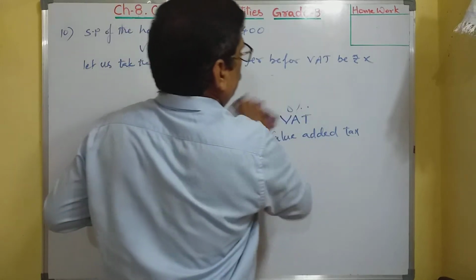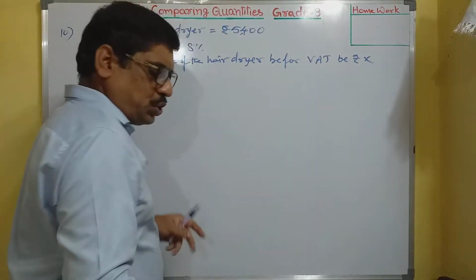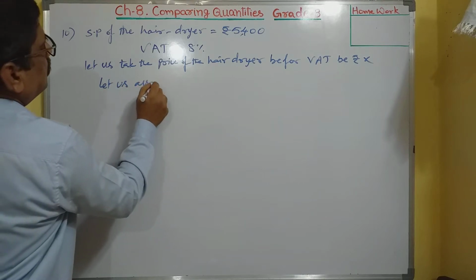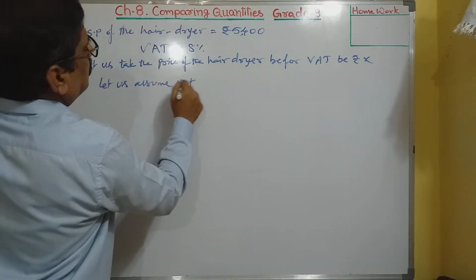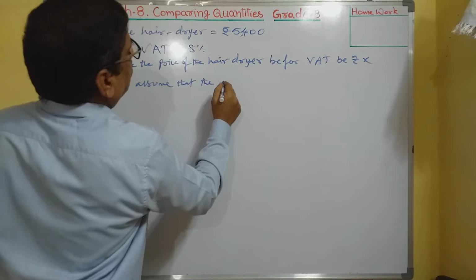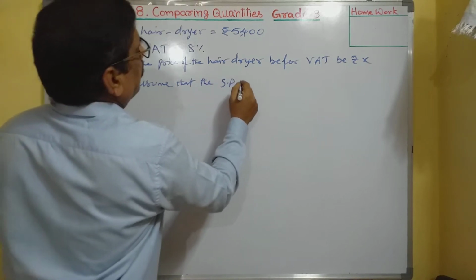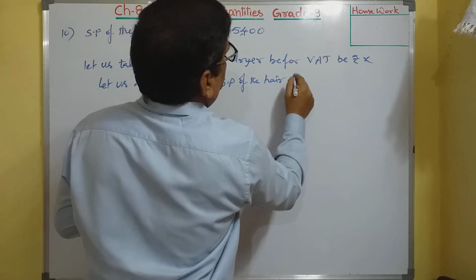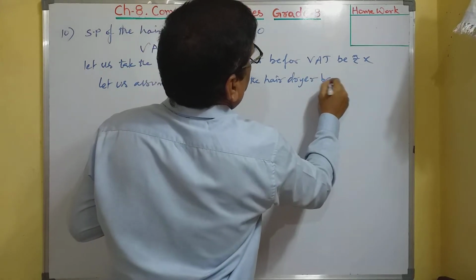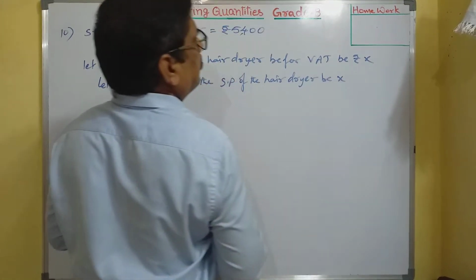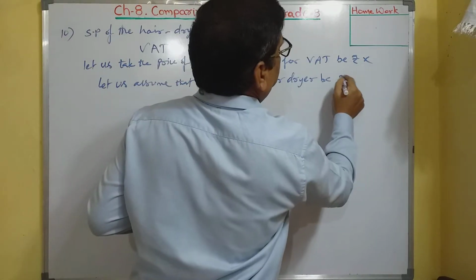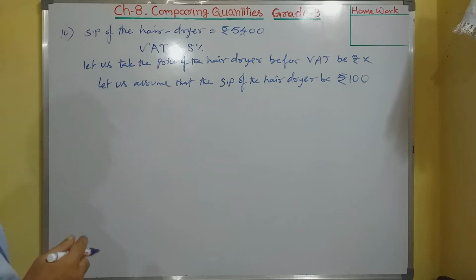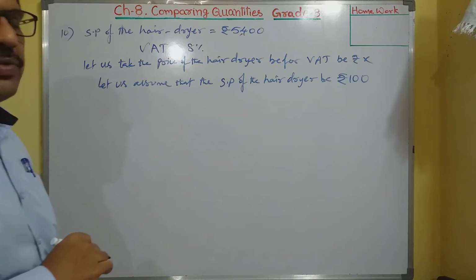Now let us assume that the SP of the hair dryer be 100 rupees. So we have considered that it is 100 rupees.